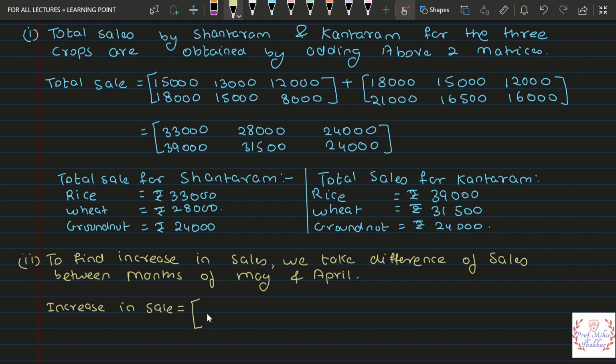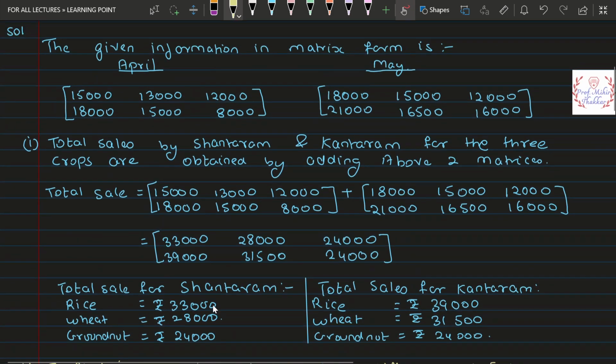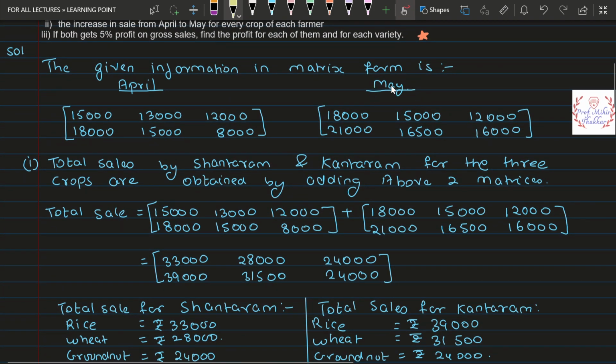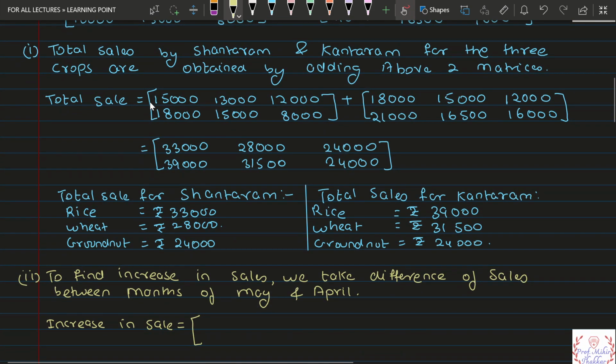So I can say over here that when we are finding the increase, we have to find out the values of the May month first and then the month of April values. So I get over here the values as 18,000, 15,000 and 12,000, 21,000, 16,500 and 16,000.